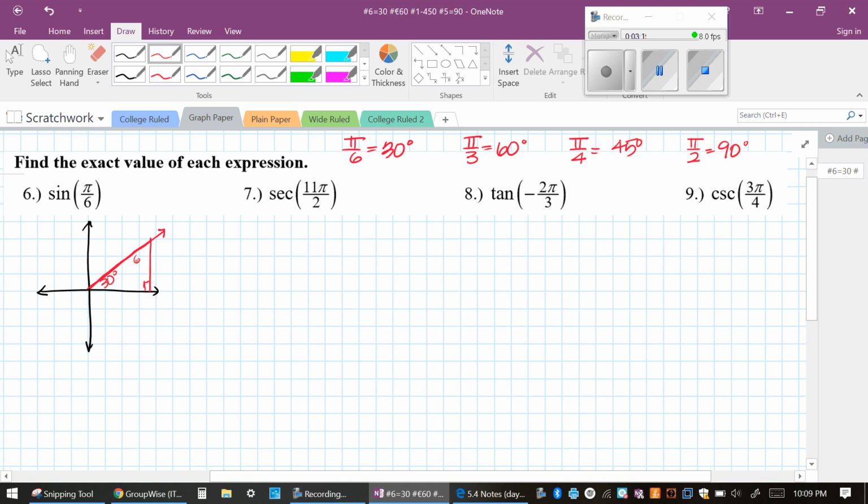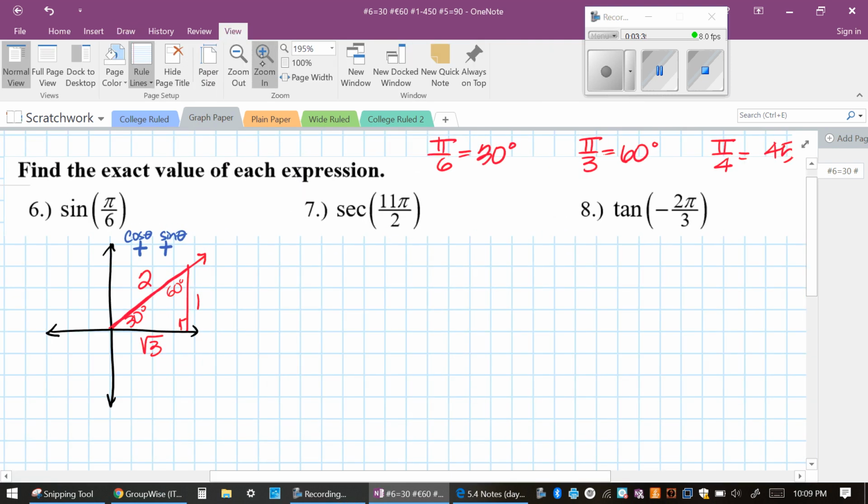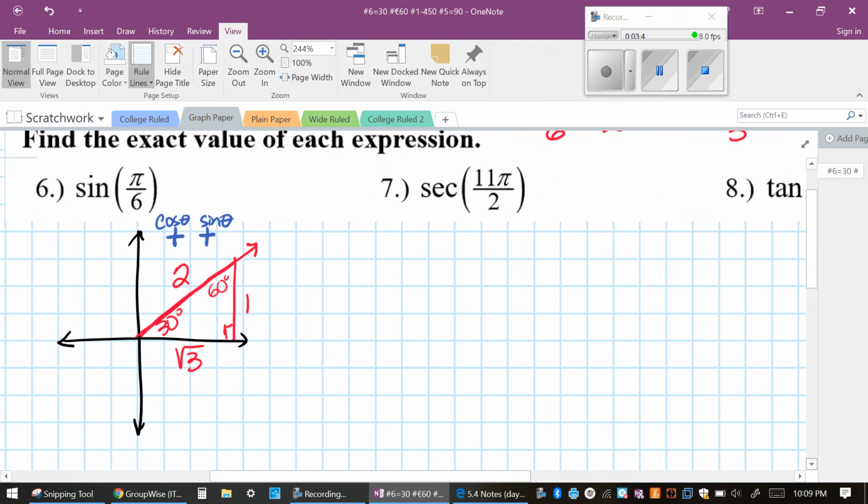Okay, so that means this is a 30, 60, 90 triangle. Fill in your sides. In quadrant 1, all your signs are positive for x and for y. So this is plus plus. So cosine and sine are positive. Now they asked me for the sine of pi over 6. So I know my answer is going to be positive.